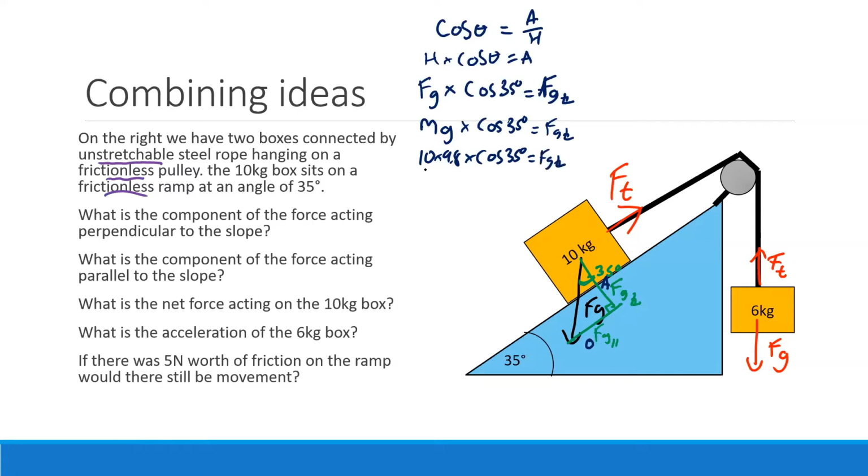So what that's going to give you is 10 times 9.8 times cosine 35 gives you 80.3. So Fg perpendicular is 80.3 newtons, which is what I think a lot of people said. I actually think I saw a lot more 80.2s because I think they've got the rounding wrong. But yeah, so that means this force is 80.3.